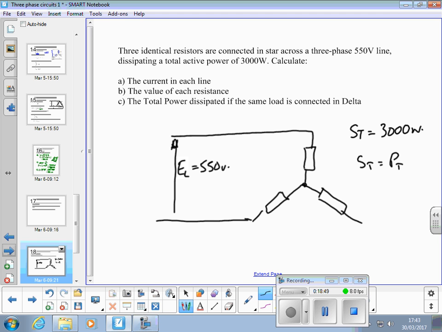There's no inductor in there. It's not a motor, so you're not going to have any Q. P and S are in phase with each other, and therefore we can say it's in watts. That's why I've given it in watts.